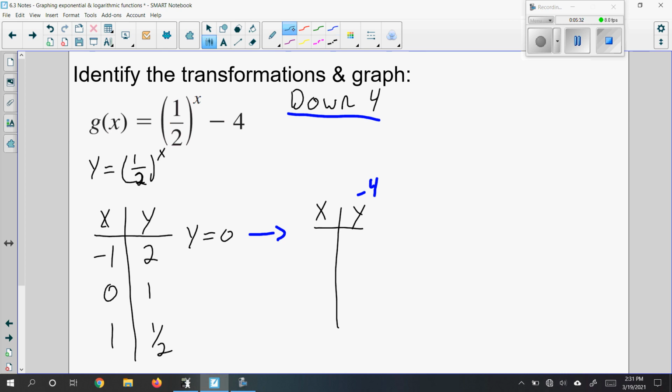There are no left or right transformations, so the x values will remain the same. So we'll just add 4 to all of the y values. I'm sorry, subtract 4 from all of the y values. So 2 minus 4 is negative 2. 1 minus 4 is negative 3. And a half minus 4 is negative 7 over 2.